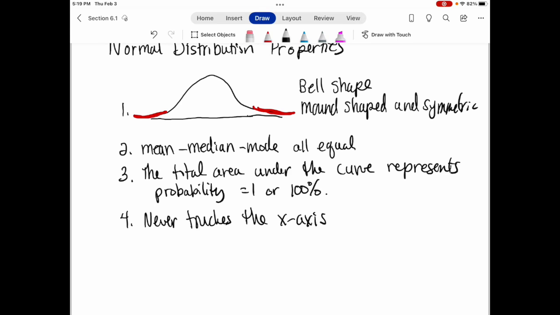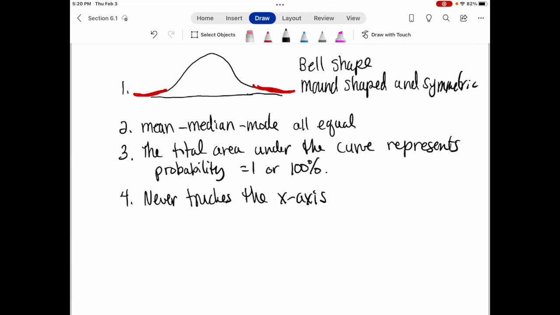Sometimes when we draw things by hand, it's hard to make sure it's perfectly symmetric, and sometimes I might get sloppy and the curve might come down and touch the x-axis. But understand that theoretically, the curve is never going to actually touch the x-axis. It's just going to get closer and closer and closer to the x-axis, but it's never going to actually touch it.